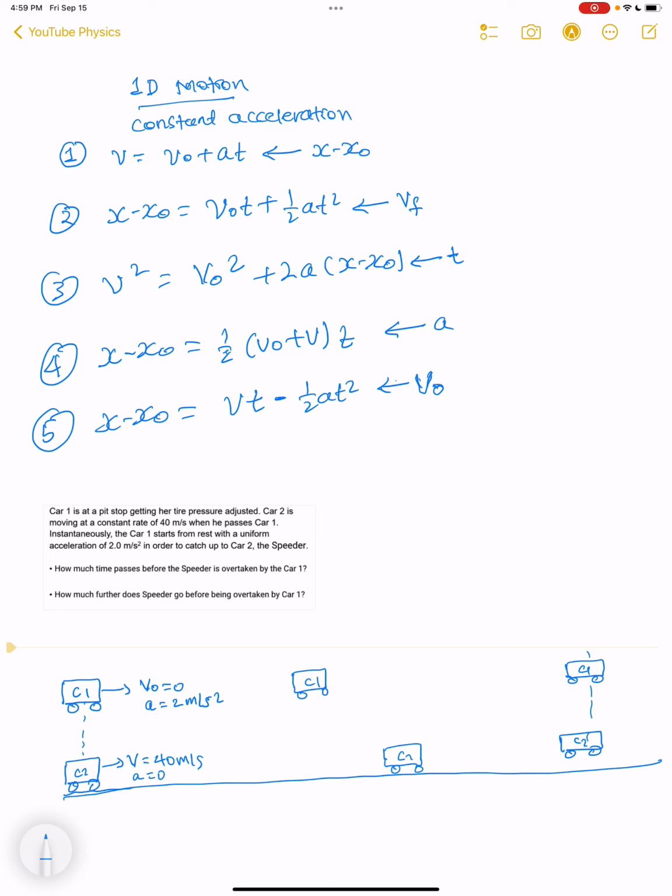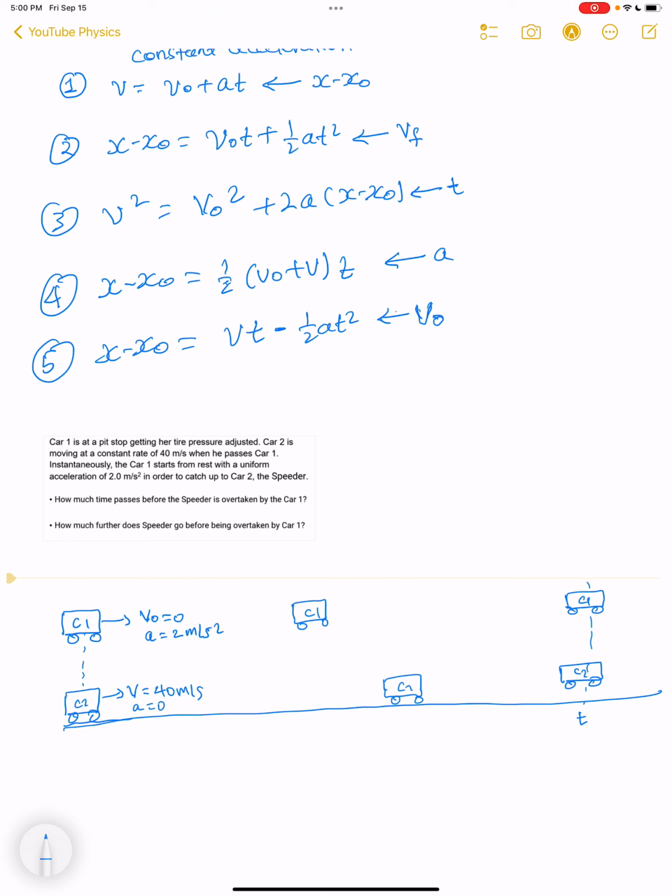At this point when they meet, they have traveled the same distance x of t, and they've also traveled for the same duration. These are really important things to note. So the displacement x of t and the time are equal. Now you can solve for the distance at which they meet, as well as how long it takes car 1 to catch up with car 2.